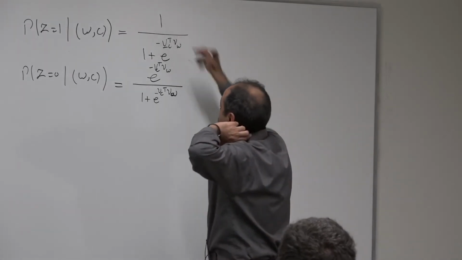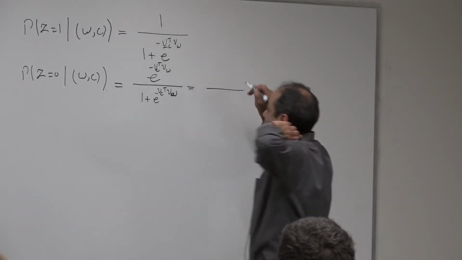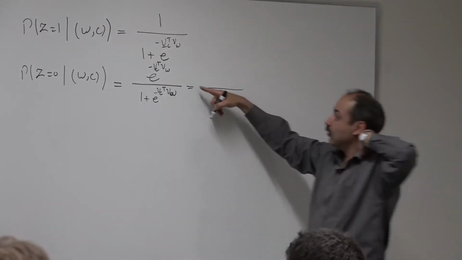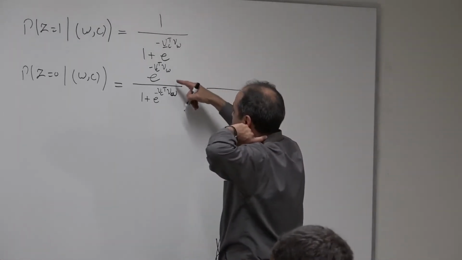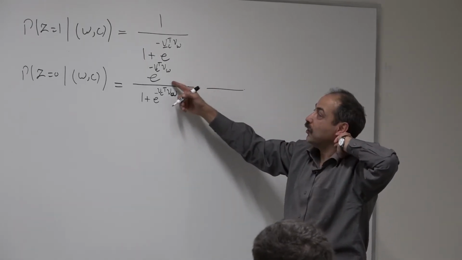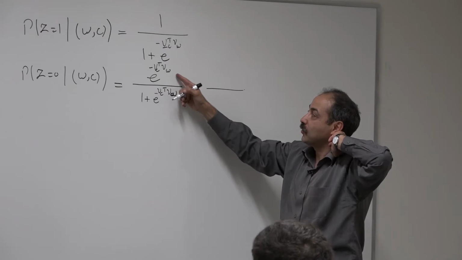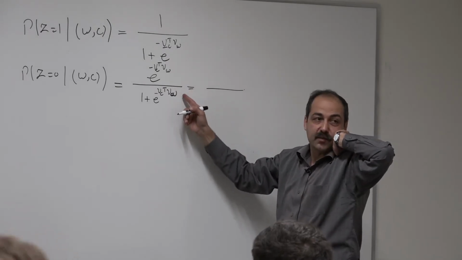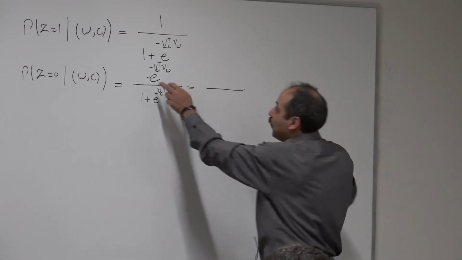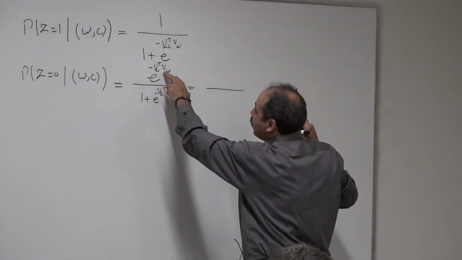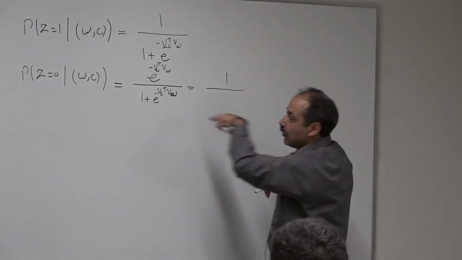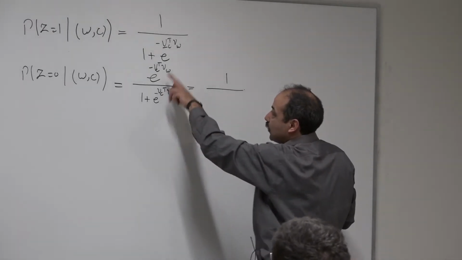So this is the complement of this one, to come up with the formula that is in the paper. So let's write this complement. Let's multiply this by e to the power of VC transpose VW, and divide by e to the power of VC transpose VW. If I multiply the numerator by this, it's going to be 1. And in the denominator, I multiply everything by this.